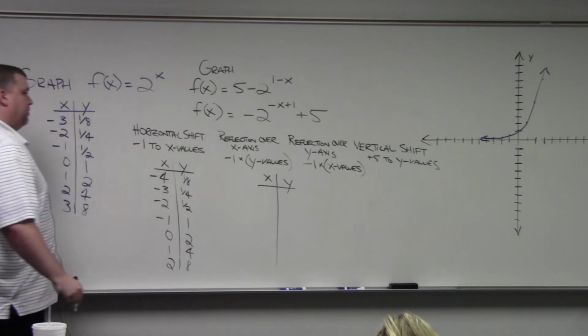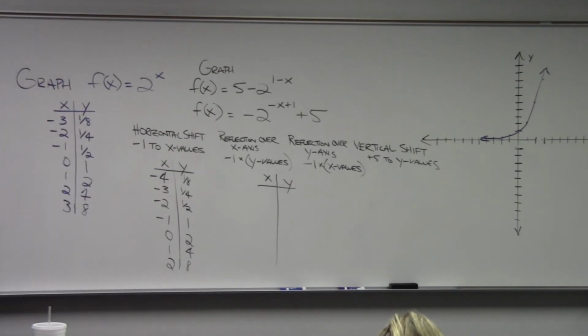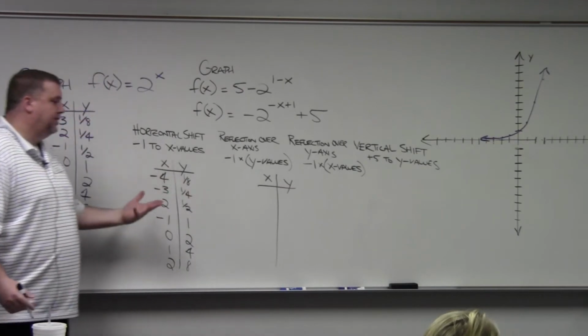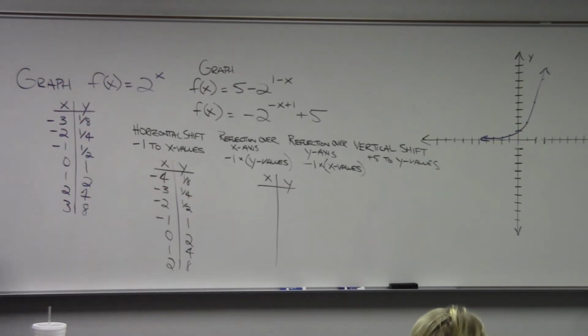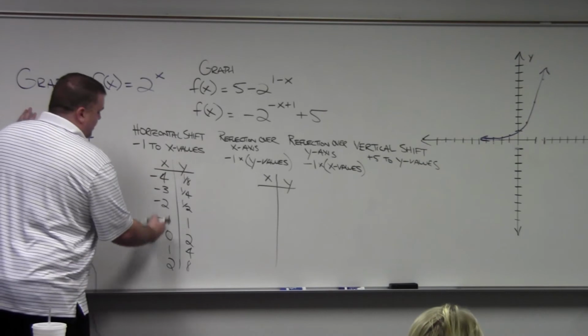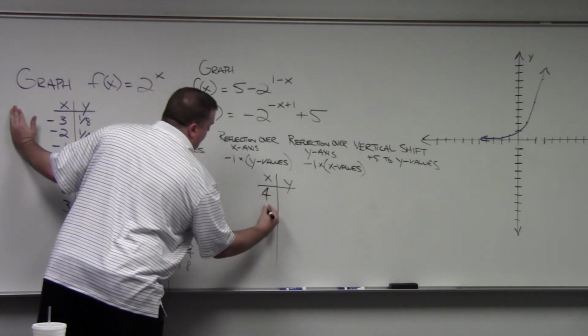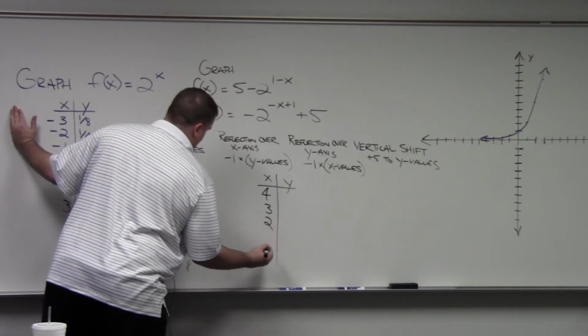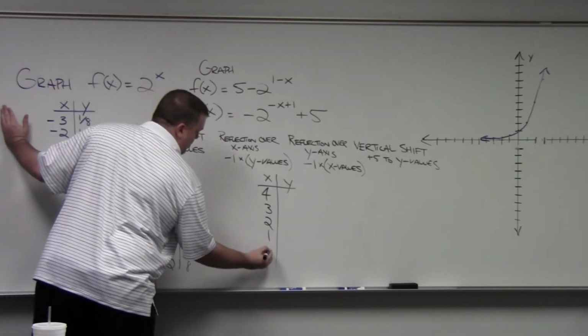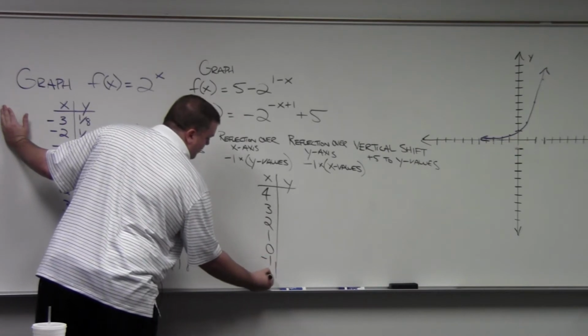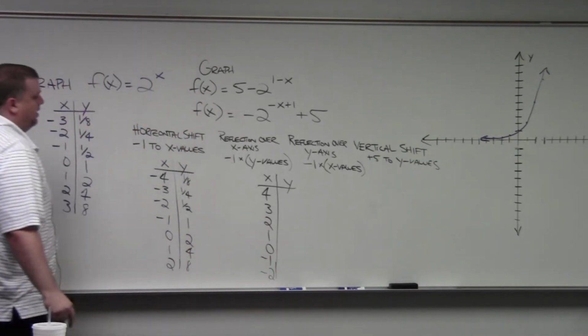Could I take care of both of those at the same time? Yes, right? I'm just going to take my two columns and basically just change the signs on them. That's what a reflection is. So if I change the signs on my x column, I get 4, 3, 2, 1, 0, -1, -2.